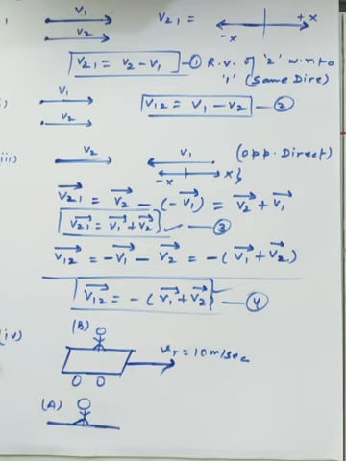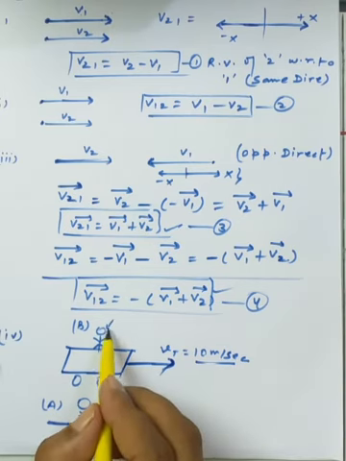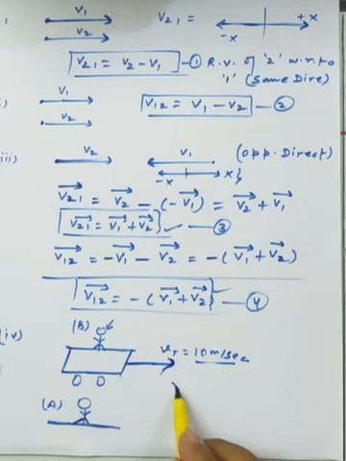So we have two frames: the frame of the trolley, and the frame outside the trolley in which the observer A is at rest. The trolley is moving with a speed of 10 meters per second, and B is also at rest in the trolley. Someone is asking what will be the velocity of B with respect to A.